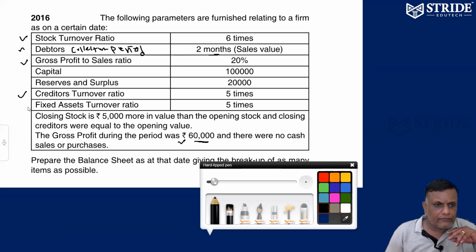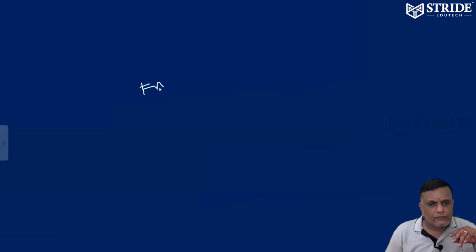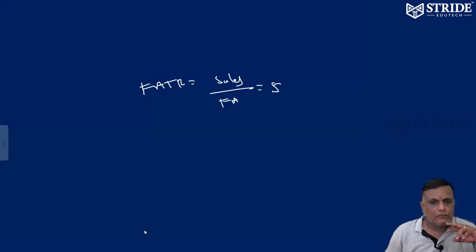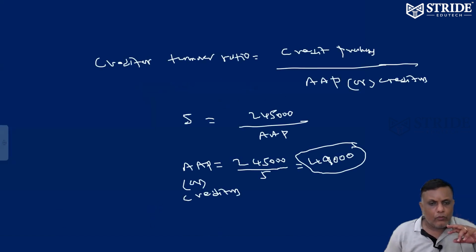Next, my target is the fixed asset turnover ratio, which is 5 times. Fixed asset turnover ratio is equal to sales by fixed asset, that is 5 times. What is the sales figure?